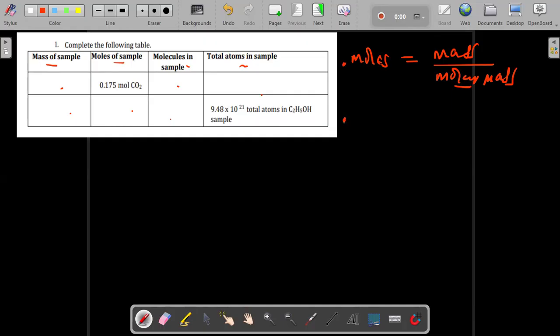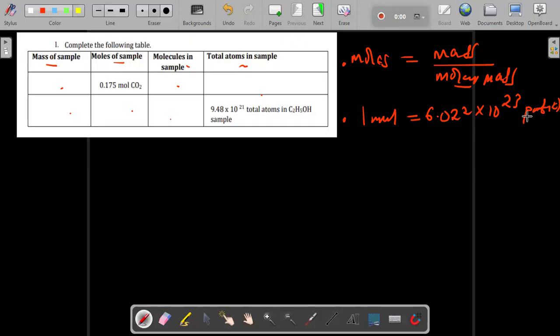The other relationship that we must know is that one mole of anything contains 6.02 multiplied by 10 to the power 23 particles. This is the second relationship that we must know.